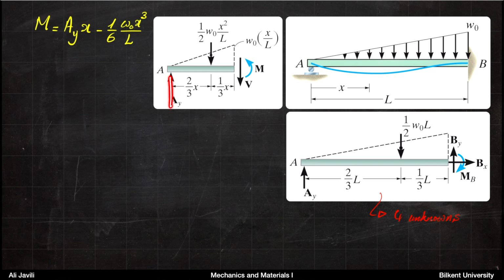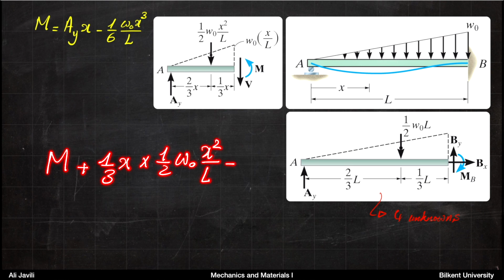And then the force Ay is upwards, or we assume it's upwards. If you multiply it by x, it also causes a moment. So if you write the equilibrium of moments to be 0 with respect to the point here, you would have M plus 1/3 x times 1/2 of w0 x squared divided by L minus x times Ay equals 0.